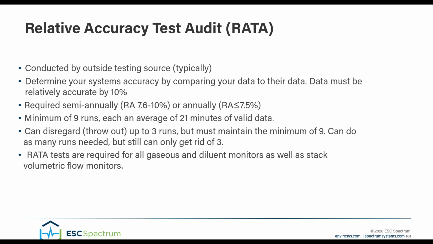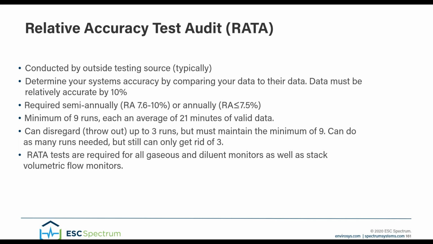But every time I do a class, people are like, whoa, wait a minute, we only do ours once a year. Well, that's true too, because if you get your relative accuracy down to 7.5% or below, you go on the reduced frequency or the annual scale. If you're between 7.6 to 10%, then you're required every 6 months, semi-annually.